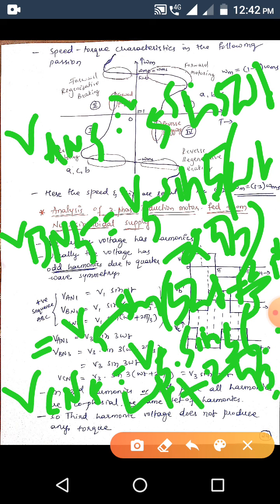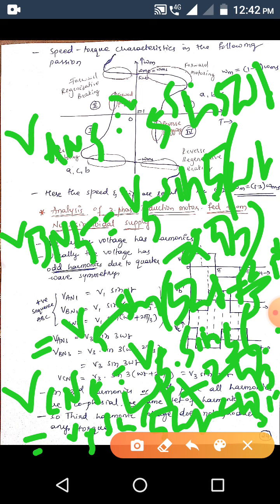If you simplify this, you will get V5 sin(5 omega t minus 2 pi by 3).